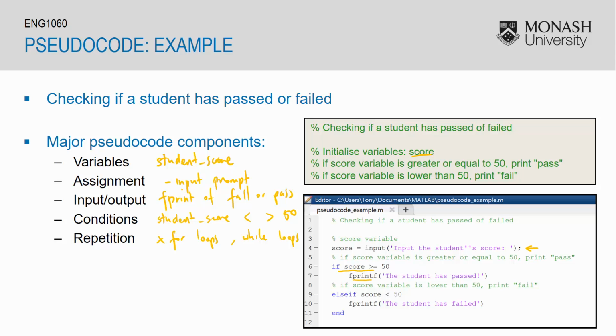So this is the fprintf. Else if score is less than 50, we can print that the student has failed. Notice that in the pseudocode, I have used keywords such as if and print. This will allow an easier transition from pseudocode to MATLAB code.